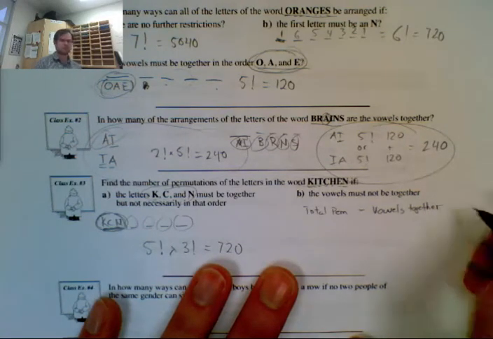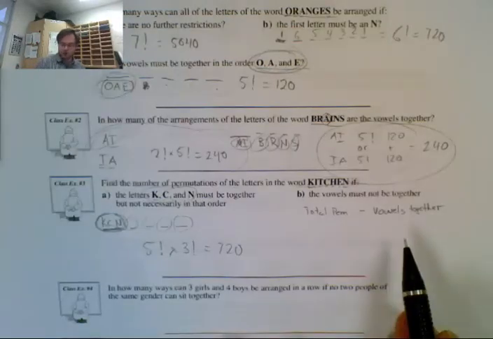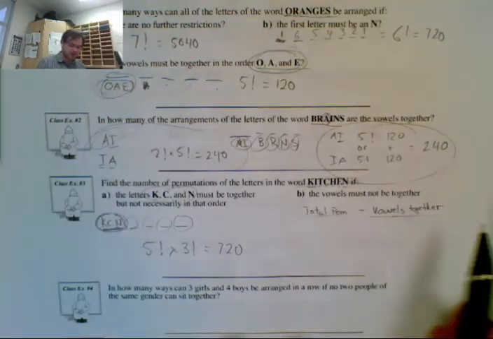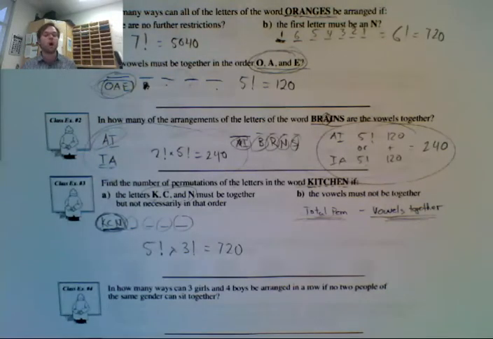Okay, with the permutations vowels together. Now, what this will do is we're going to go the total minus the restrictions that we do not want, and that will get us everything else, which is what we want.